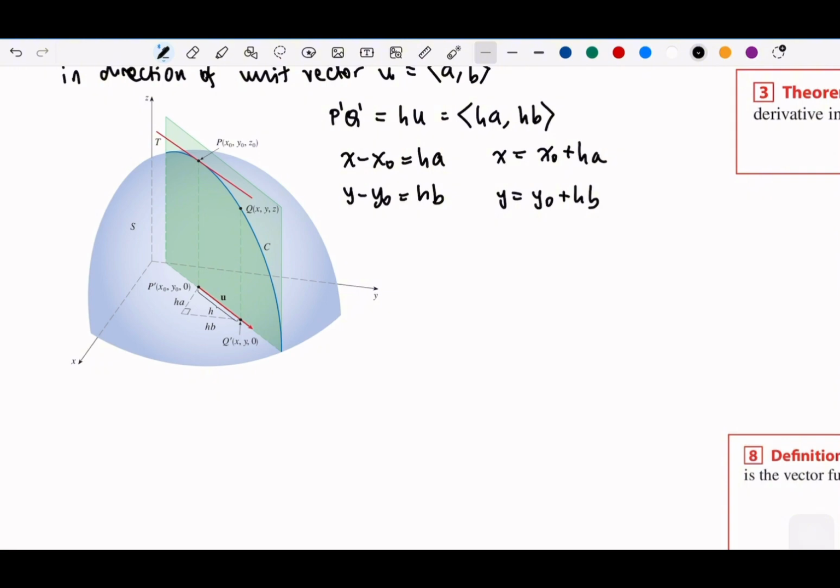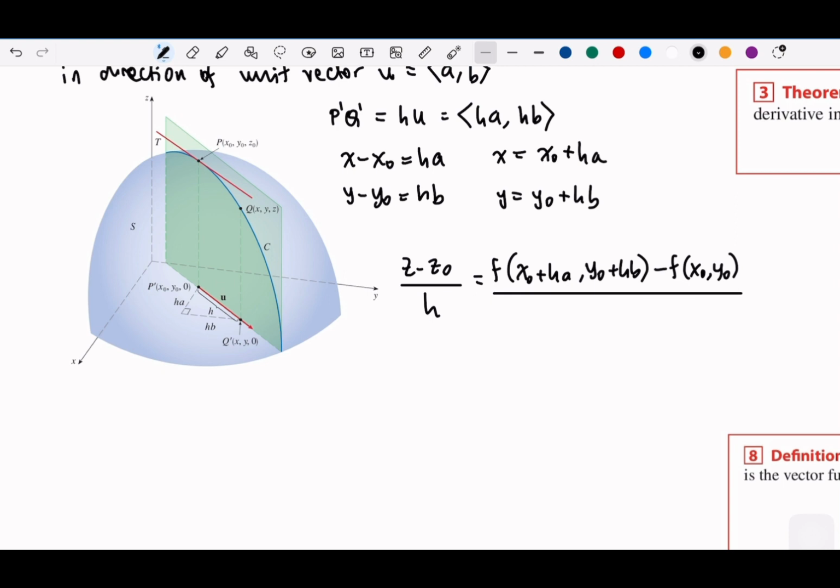And now we can write the rate of change with respect to, let's say, h, because this is the one that we observe through the distance. Okay, so the rate of change will be equal to f(x0 plus ha, y0 plus hb) minus f(x0, y0) over h.